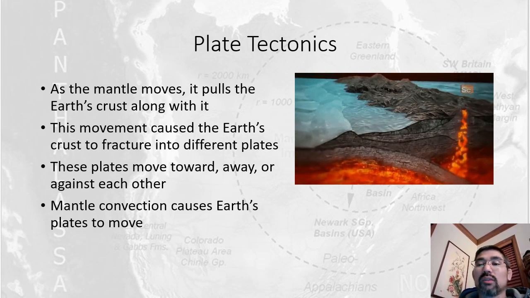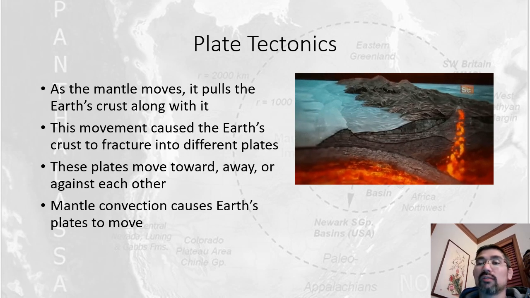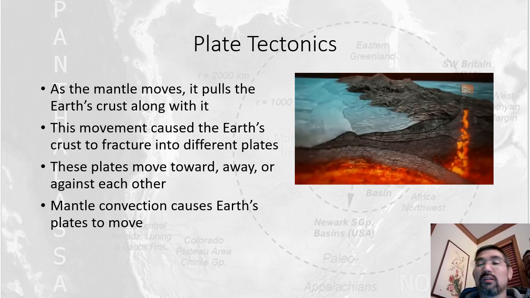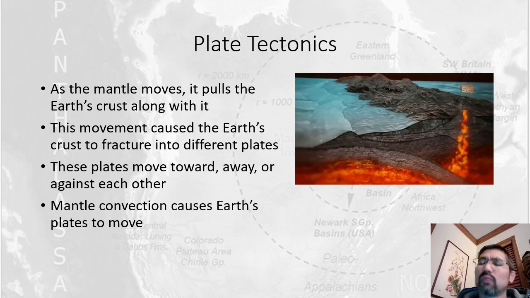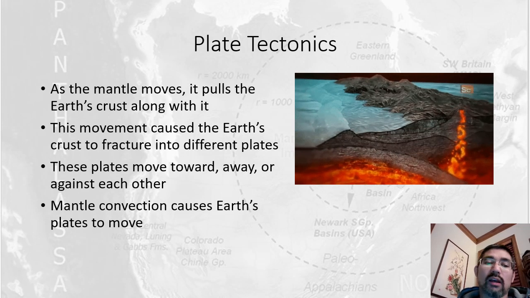And as it burns up, it releases carbon dioxide gas. That carbon dioxide gas forces its way up to the surface, carries along magma with it, and you have a volcano.